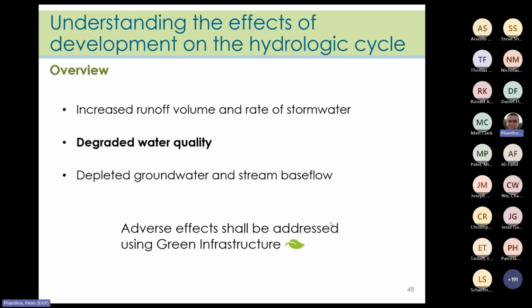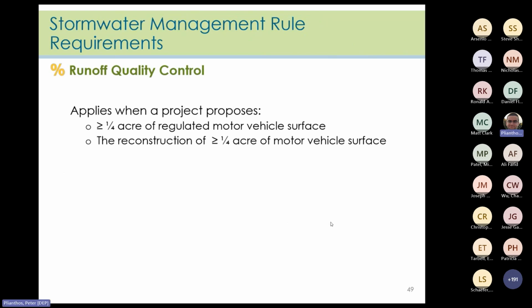Now we'll move on to the water quality standards in place. In the previous version of the rules, the stormwater runoff quality standards were applicable when the major development results in an increase of 1/4 acre or more of regulated motor vehicle surface. The new rules, adopted on January 20th, 2026, now add that the reconstruction of 1/4 acre or more of motor vehicle surface will trigger the quality standards.